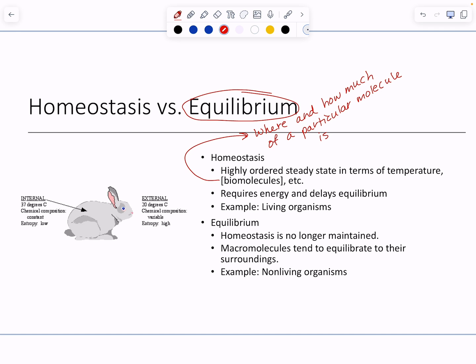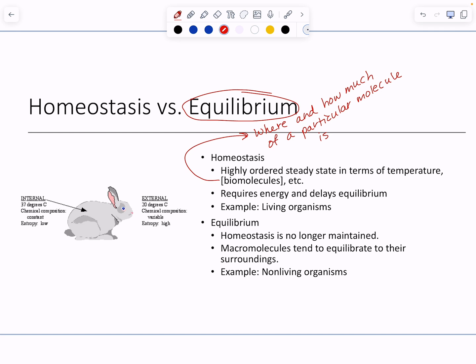Every chemical reaction that is reversible has a different particular ratio of reactants and products that is optimal. So if we're at equilibrium, we're not going to be able to maintain homeostasis.